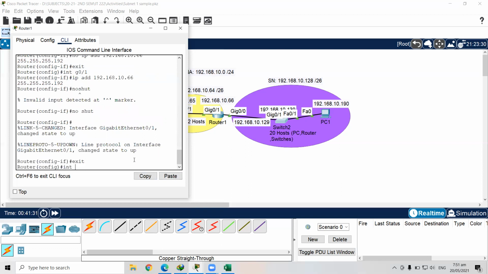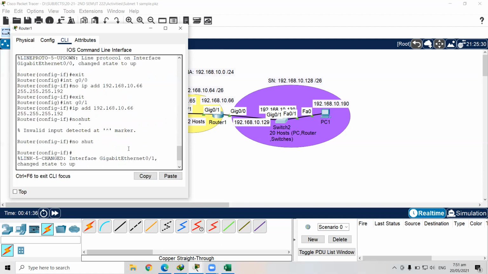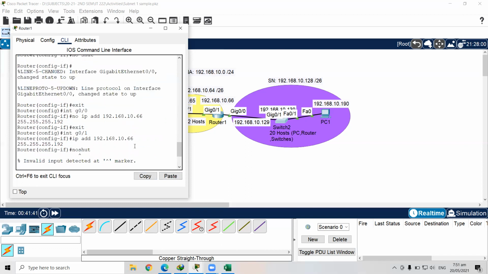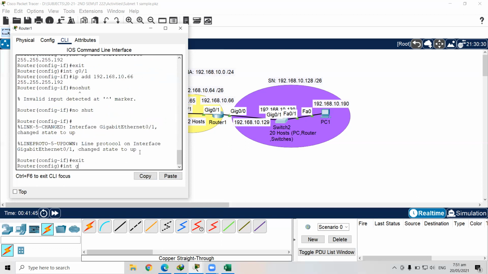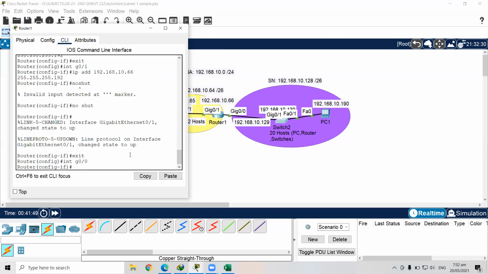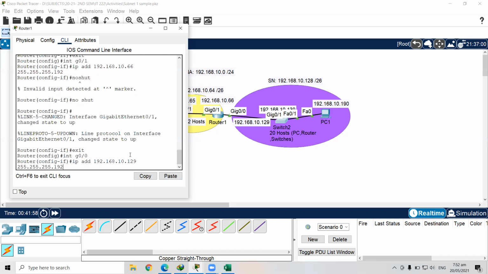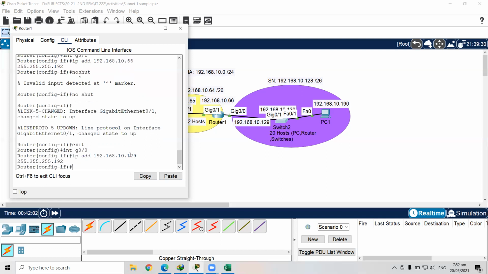Na-add ko na ba ito? No IP add ako kanina dito. So, G0/0, IP add 192.168.10.129, 255.255.192. No shut.